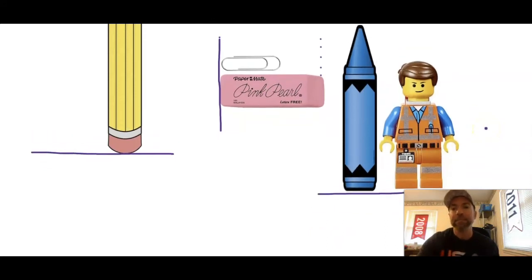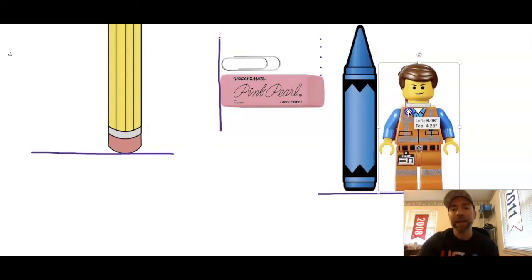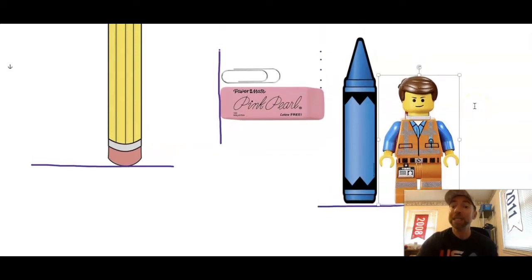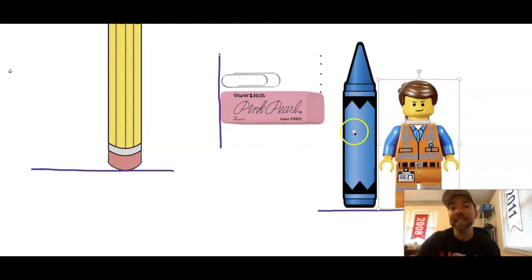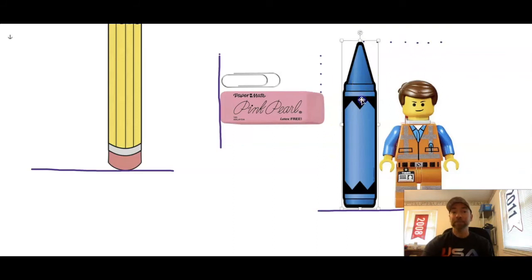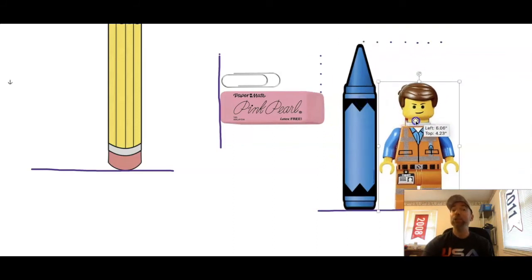They're both standing on that line. That's important when we measure length. We can see here that my crayon is longer than Emmett because it is higher than Emmett. So the crayon is longer and Emmett is shorter.